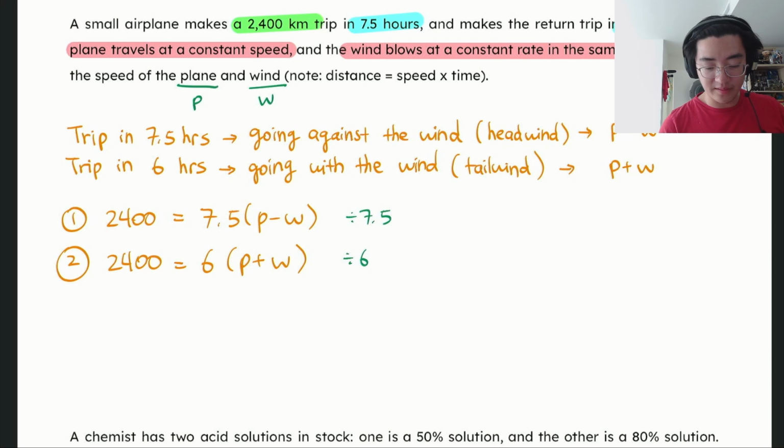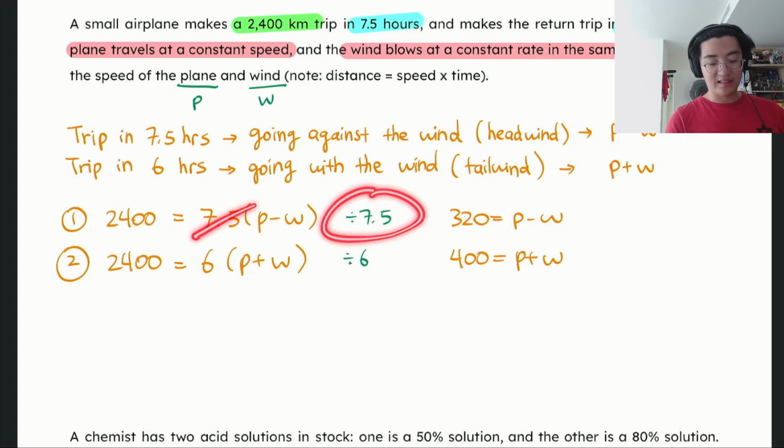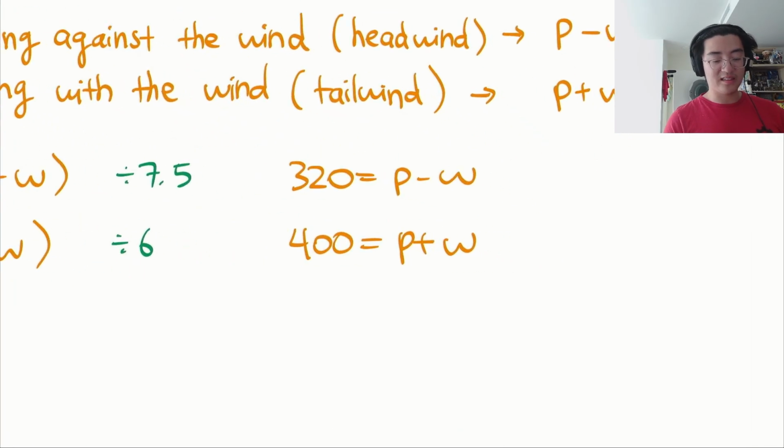If we divide equation 1 by 7.5, we get 320 equals p minus w, and the bottom becomes 400 equals p plus w. Because we have to multiply the 7.5 to this bracket anyway, if we just divide it away, this essentially cancels out. And you can see here that it's a lot easier to calculate.